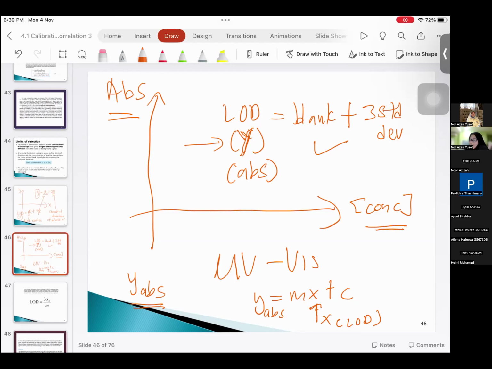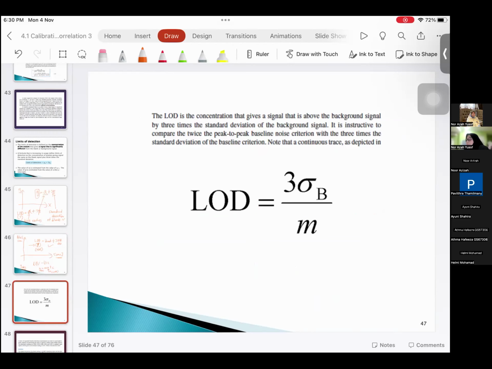All right, let's look at an example. So this is another formula. The LOD here is the concentration that gives a signal above the background signal by 3 times the standard deviation of the background. Background usually is the blank.